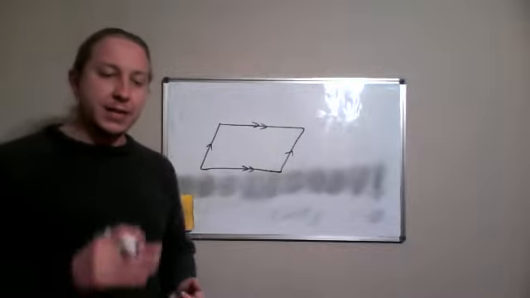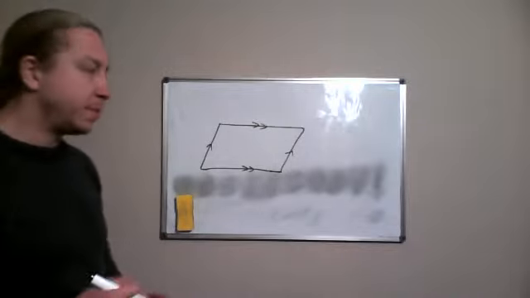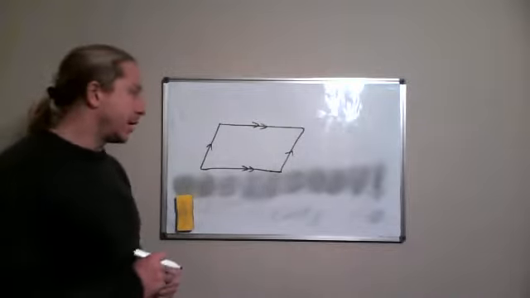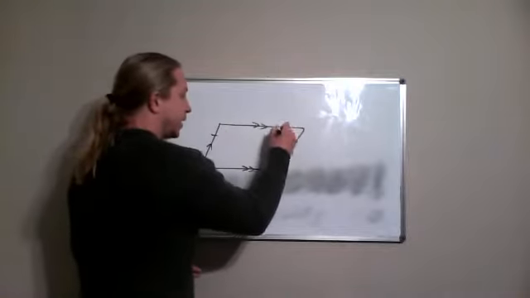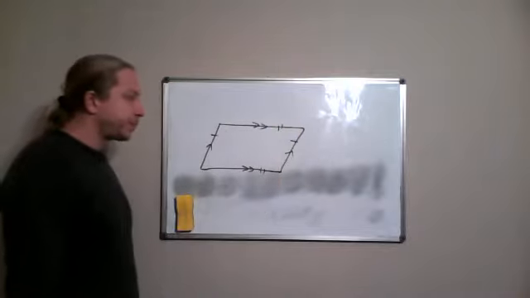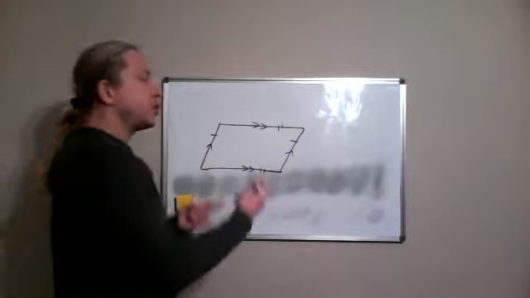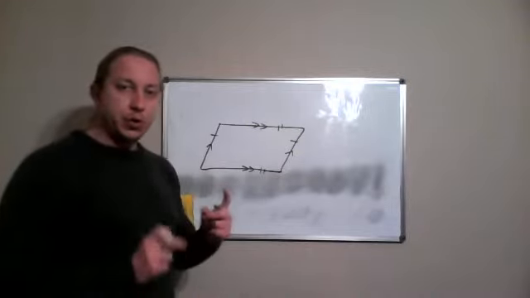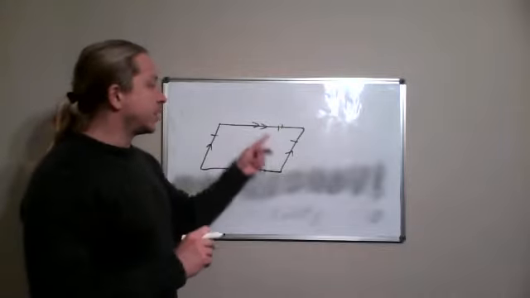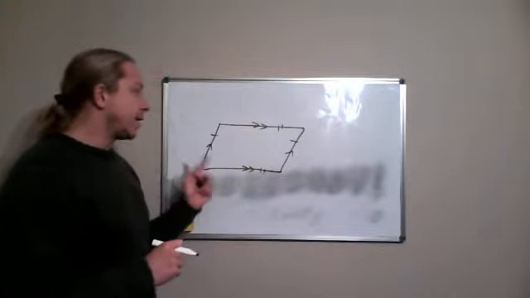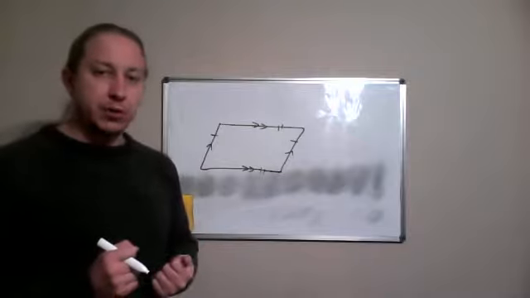We'll discover that through doing the exercises, but that's a property of the parallelogram. So that equals that, and that equals that. So if they give you any two sides, there are only two different dimensions, because the opposite sides are equal. So if I give you any two measurements, those are the two sides.